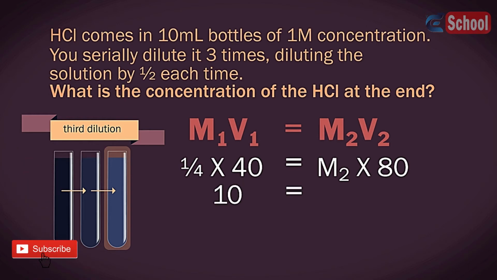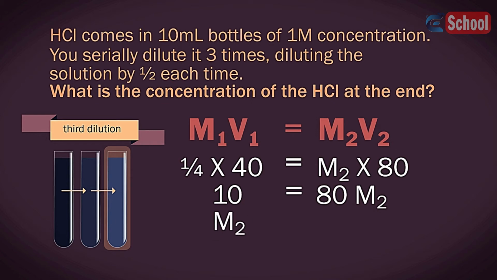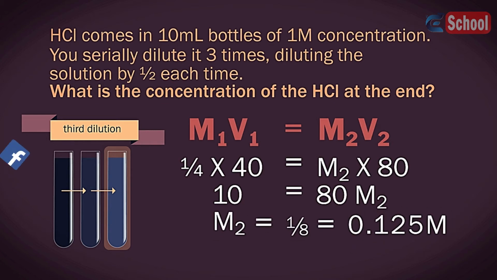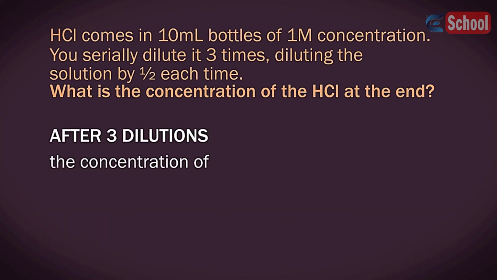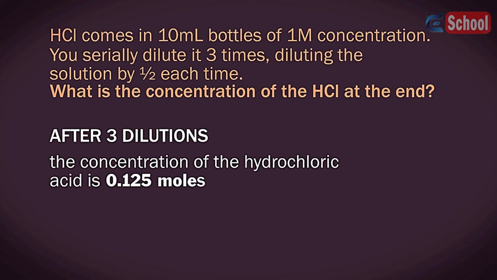So 10 equals 80 M2, and rearranging gives us M2 equals an eighth, which is 0.125 moles. So after 3 dilutions, the concentration of the hydrochloric acid is 0.125 moles.